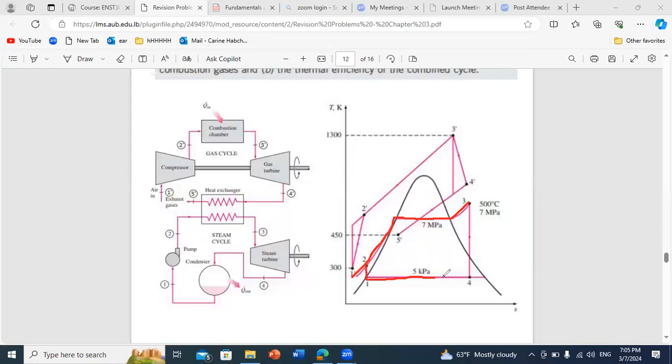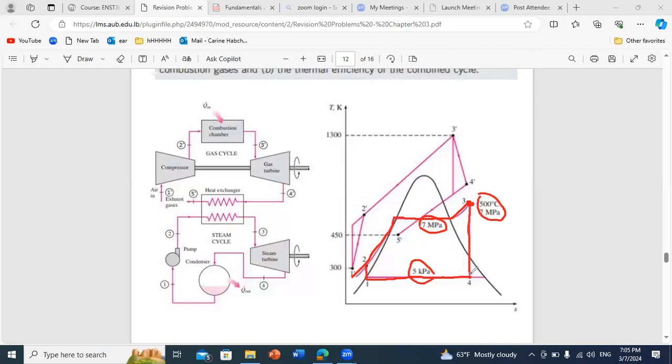Here, of course, I will tell you what the low pressure and the high pressure are. You know that in general, point 3 is a superheated state, and they will give you the corresponding temperature. Then you go through your turbine. For the steam turbine, it's isentropic, so S is constant.